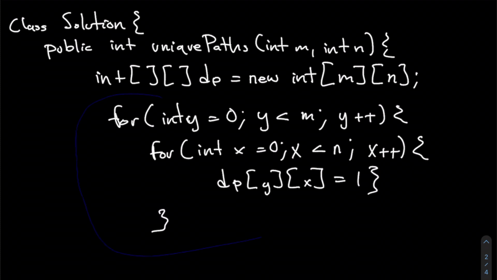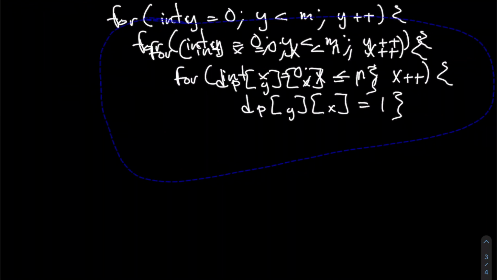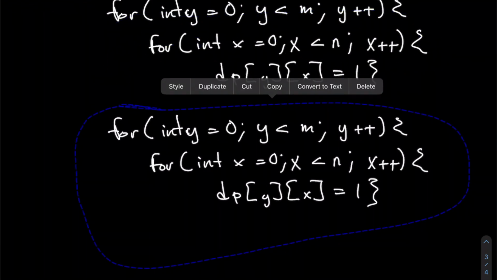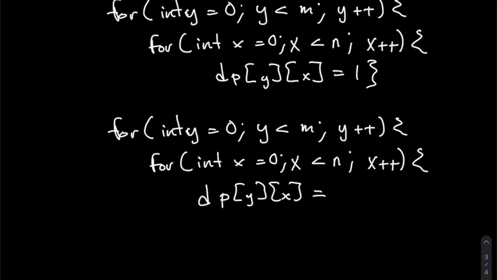In fact, we're going to be doing the same thing for the next part. So I'm just going to duplicate it. Except this time, we're not doing this. This is where the dp function that we came up with before goes, right? It's going to be equal to dp of y minus 1, x. So we're reaching to the thing that's 1 above it, right? So this is what this is.